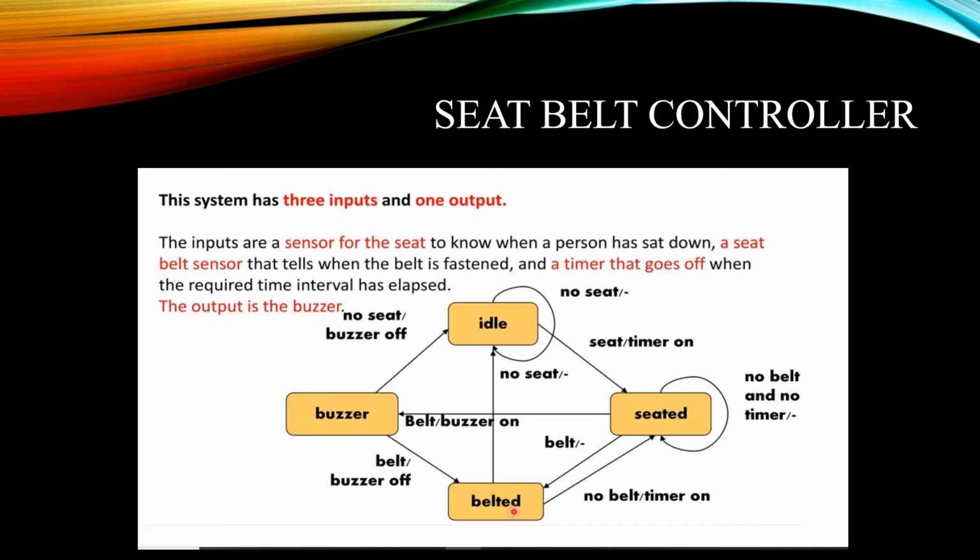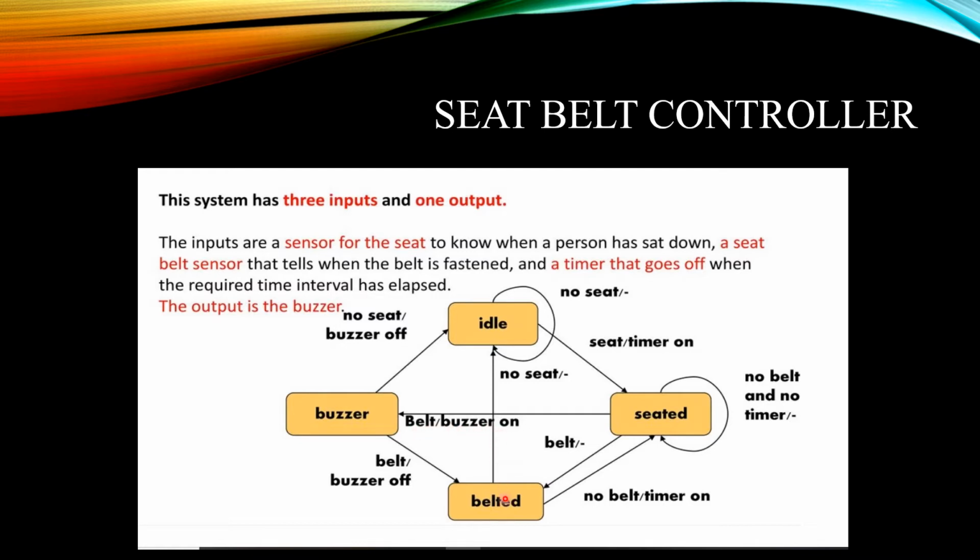The input is belt, and there is no output, because the buzzer is the output and there is no need to ring it. The other option: if within the specified time period he doesn't wear the seat belt, the state goes to the buzzer state, and the buzzer turns on.